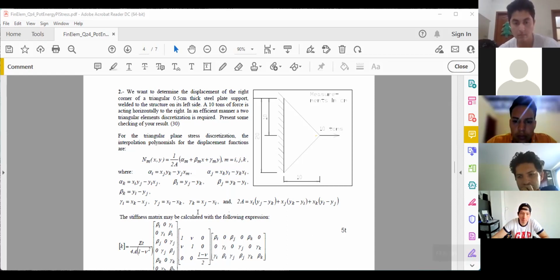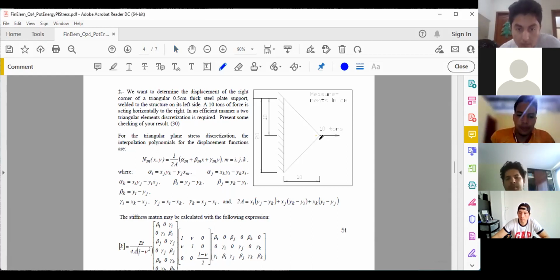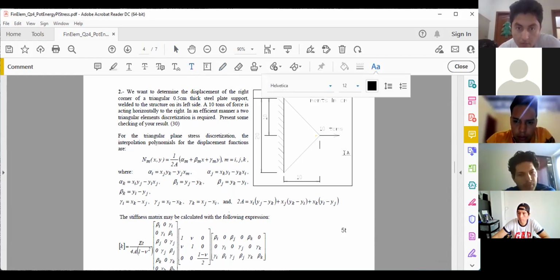Okay, let's see. Can you see my screen with the information on the problem? See, this is my I. This is my J, and this is my K. That's not in the middle. I'm sorry. You're right.